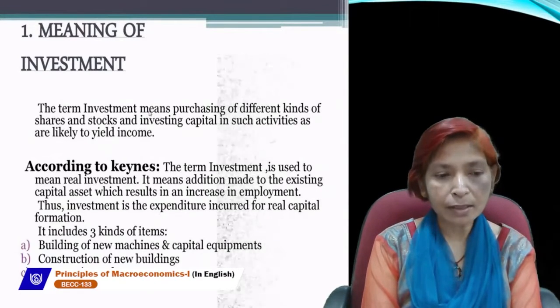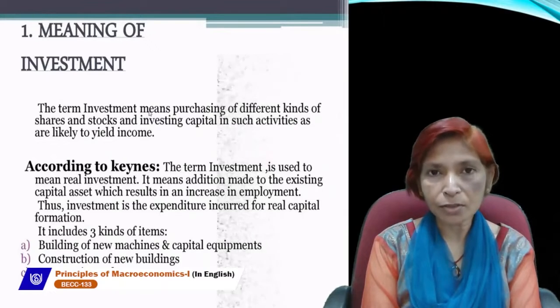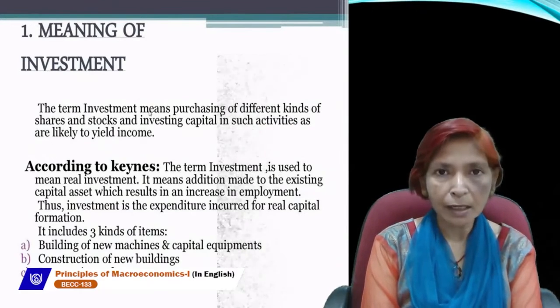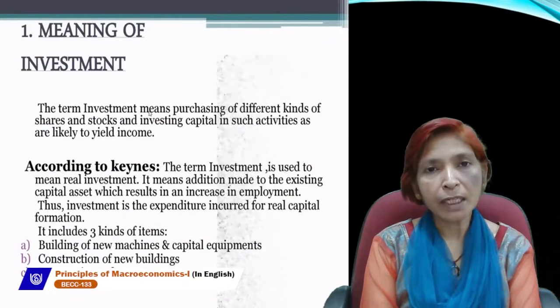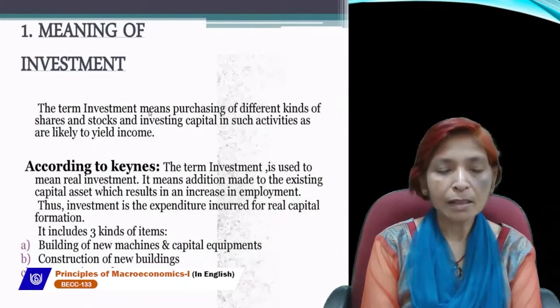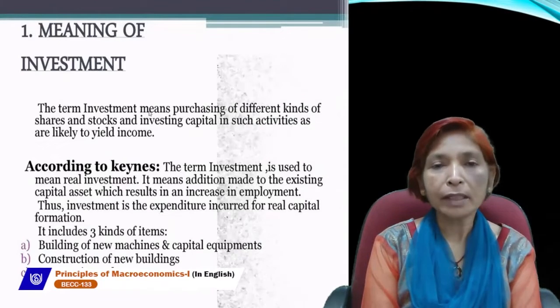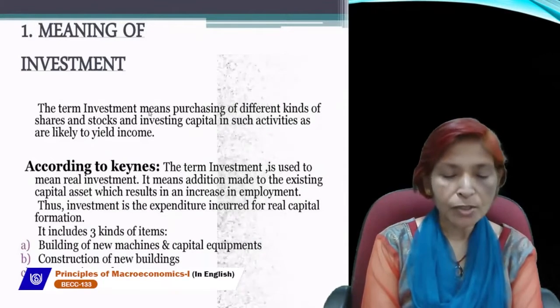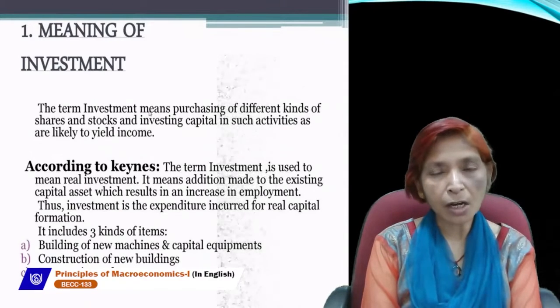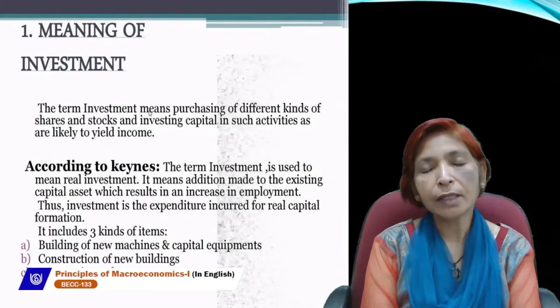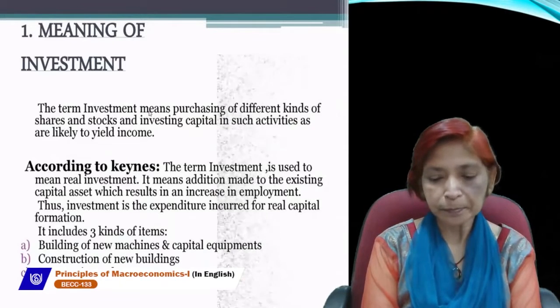If we spend money on the construction of new buildings, that will be called real investment. If we invest money in inventories or increase in stocks, that will be called real investment. So investment which always gives benefit to the people of the whole country is real investment.